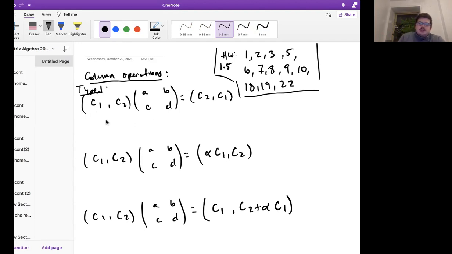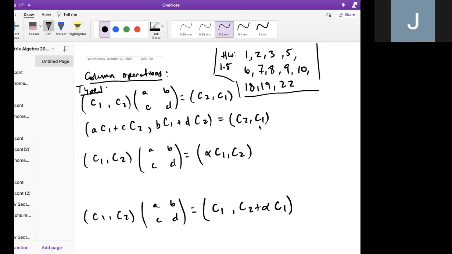Just to get started, if you do the multiplication, it is A C1 plus C C2, and then B C1 plus D C2, and you want this to equal C2 C1. So what do A, B, C, D need to be? Lowercase ones.